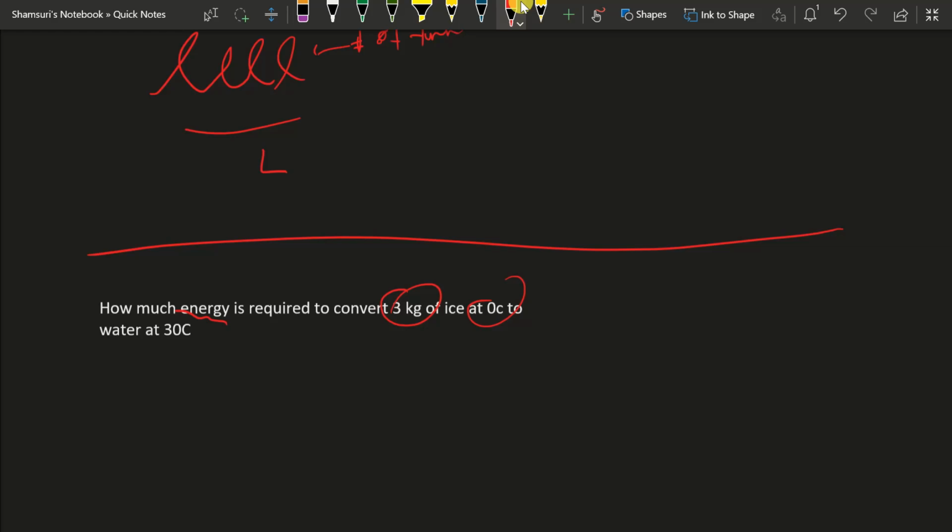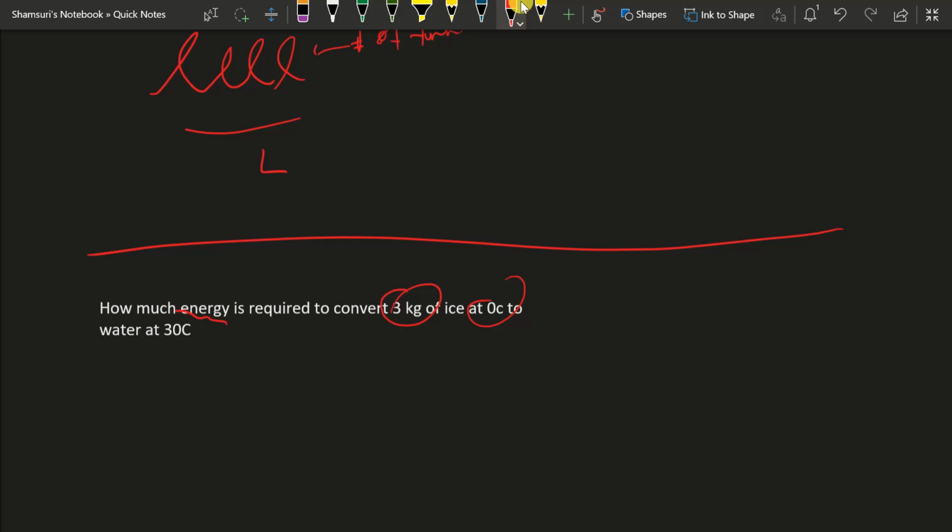First of all, we know the change of energy. The question is how much energy is required to convert 3 kilogram of ice to water.